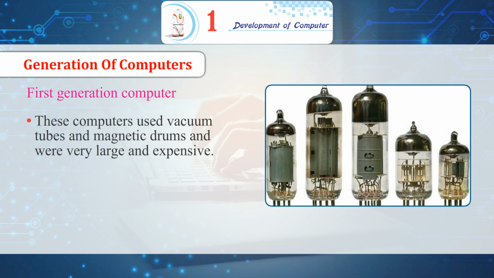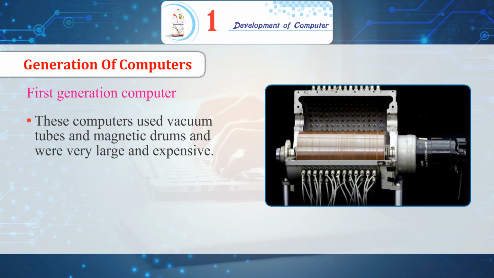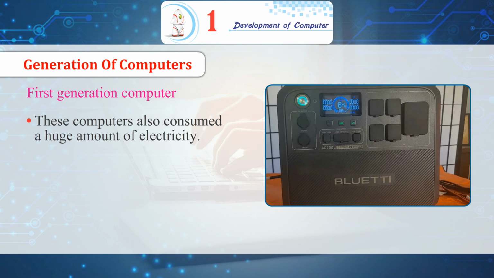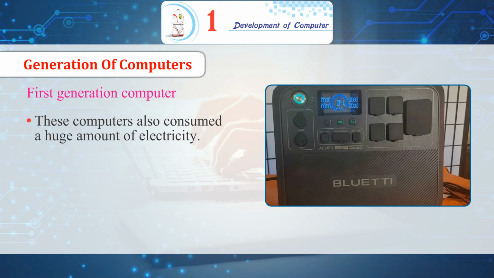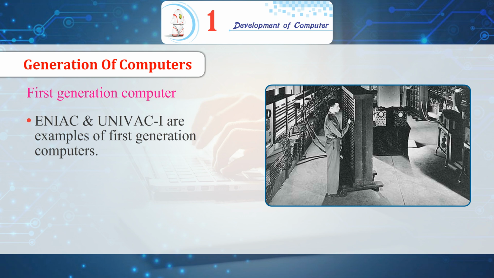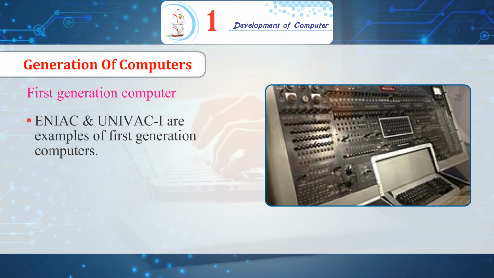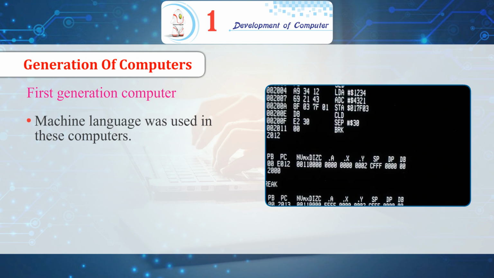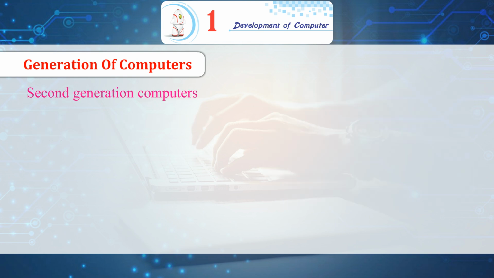These computers used vacuum tubes and magnetic drums and were very large and expensive. These computers also consumed a huge amount of electricity. ENIAC and UNIVAC I are examples of first-generation computers. Machine language was used in these computers.